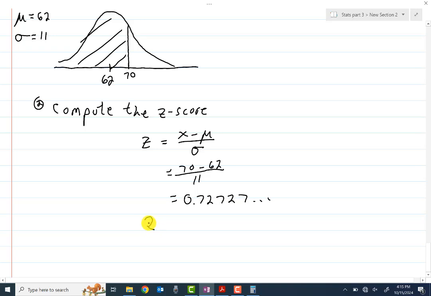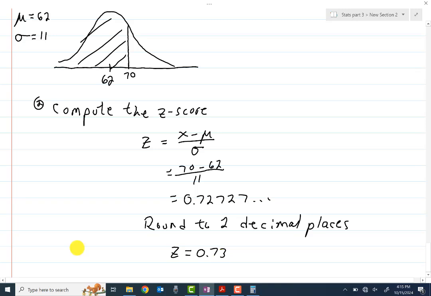So I need to round to 2 decimal places. If I round to 2 decimal places, my z-value will equal 0.73.